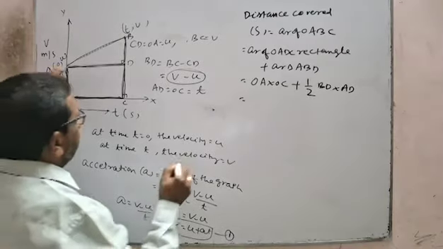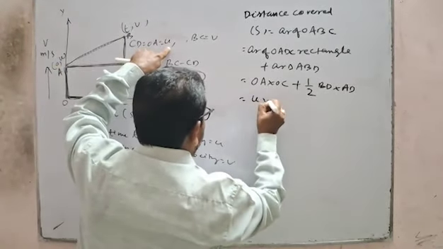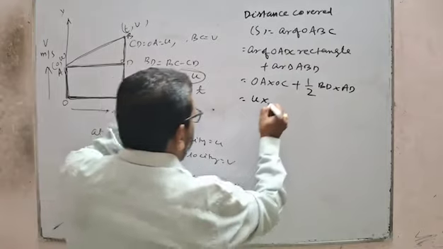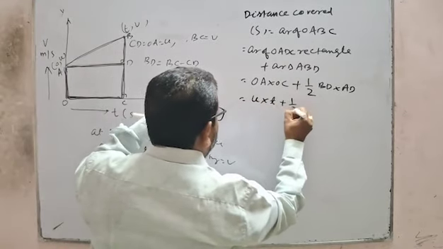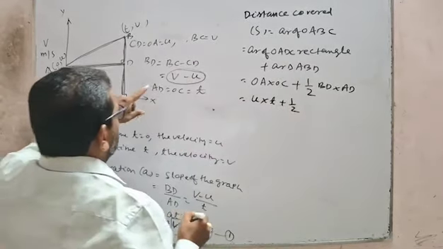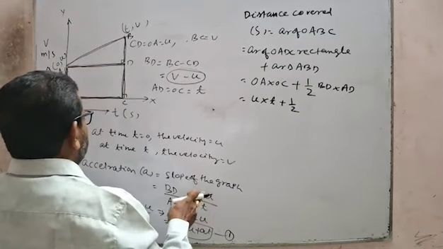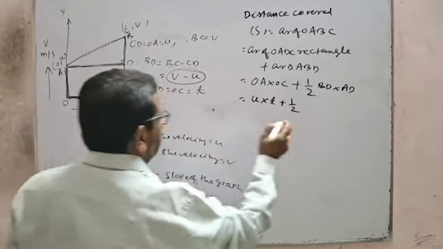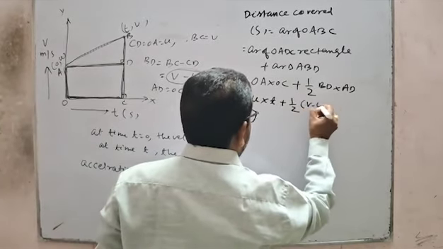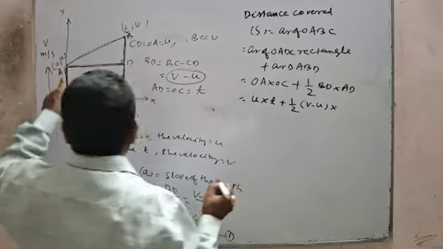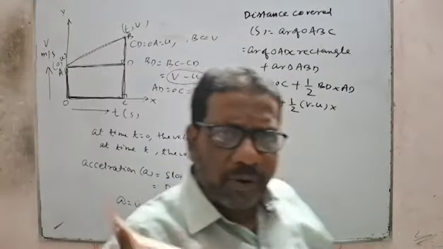OA equal to u, OC equal to t, plus half, BD equal to v minus u, into AD equal to t.